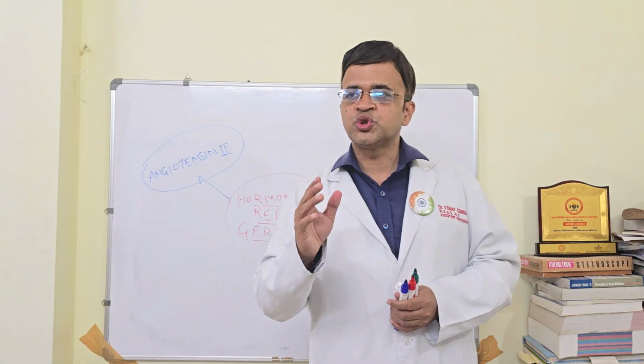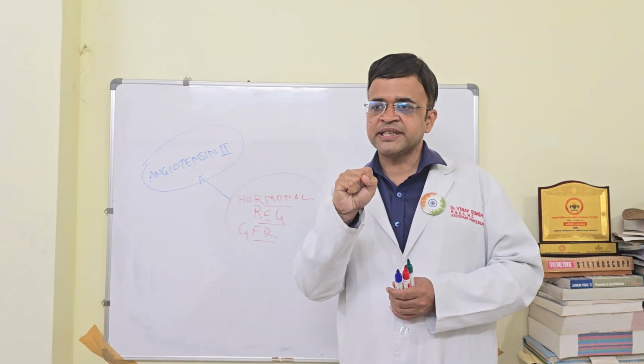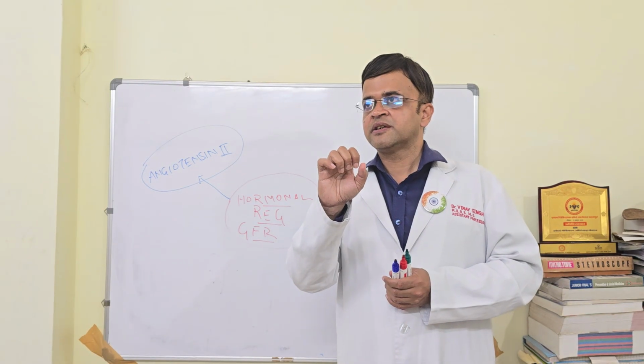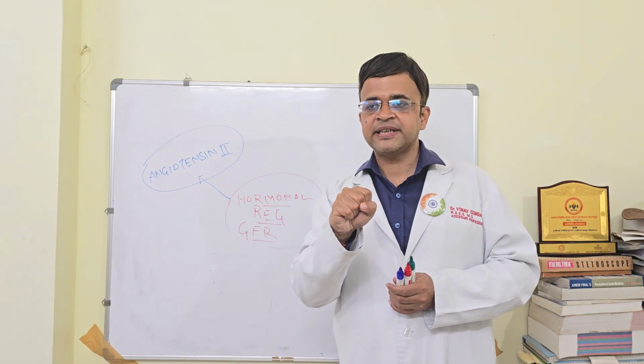Now, angiotensin 2 is a vasoconstrictor, which means that it is going to constrict both your afferent arteriole and your efferent arteriole, right?